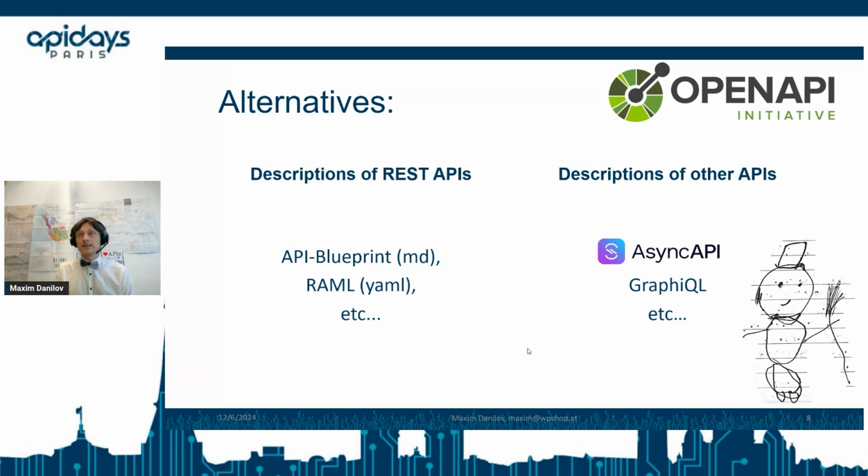I can also describe other APIs. For example, for non-HTTP protocols, I have the AsyncAPI specification. This is a new extension, I can say, to the OpenAPI specification, but for other protocols, for WebSocket, for MQTT protocols, and many others.